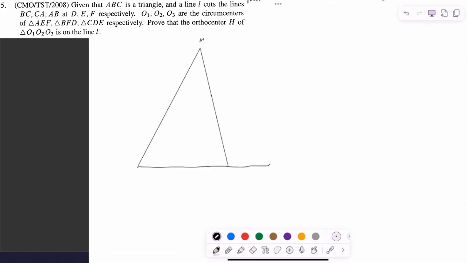And okay, just treat it as straight, okay? BC. Let's say the line cuts like this. So this is D, this cuts AC at E, this one's F.